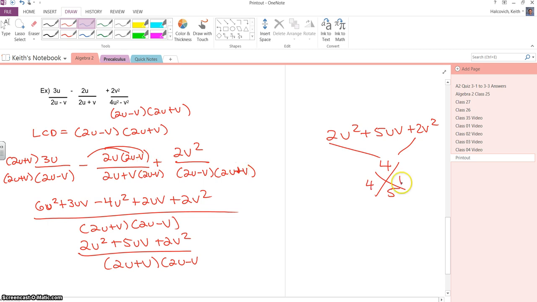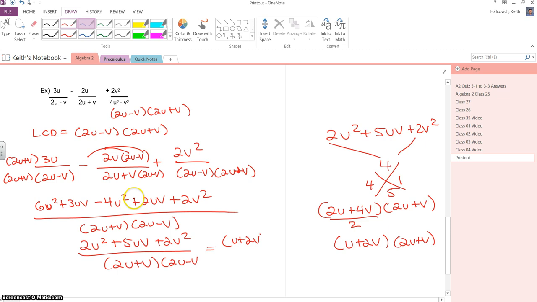They are 4 and 1. So it's 2u plus 4v and 2u plus v. Here the common factor is 2, so you have u plus 2v and 2u plus v. That is how the numerator would factor.